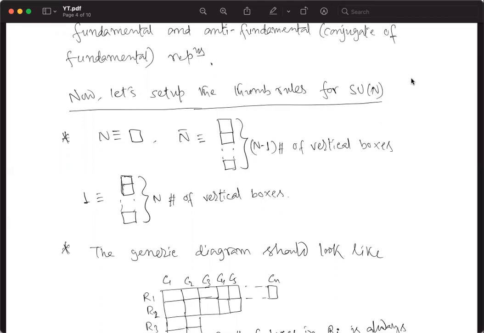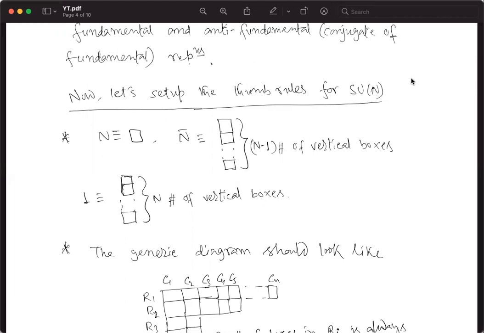So now N is one of the fundamental representations of SU(N). That is depicted by a single box. N bar, which is the anti-fundamental representation, is depicted by N minus 1 vertical boxes. And a singlet representation is depicted by N vertical boxes. Now you can see one cannot have a representation which is less than a singlet, which is unphysical.